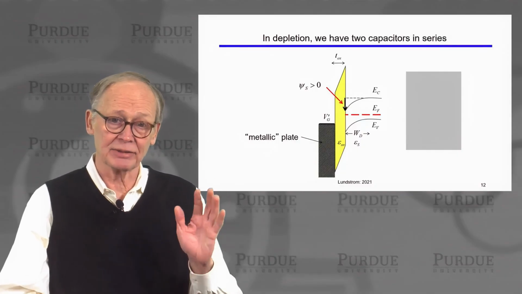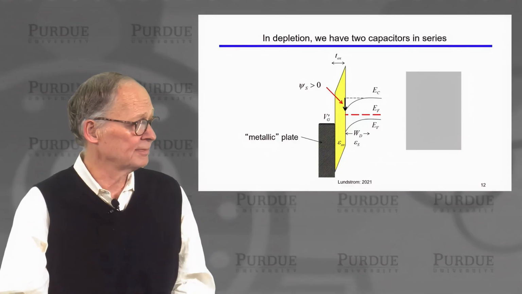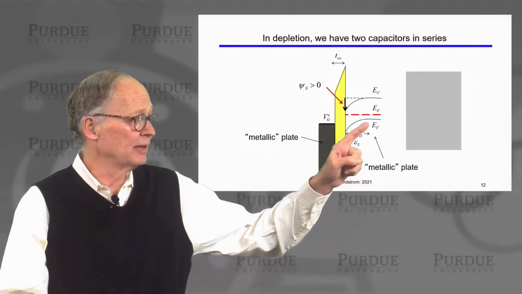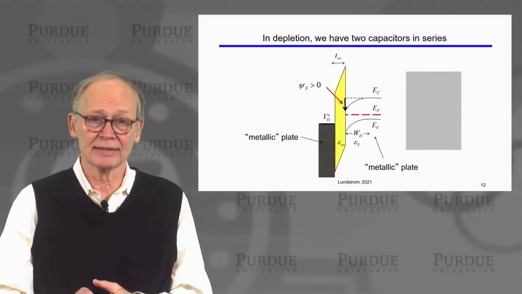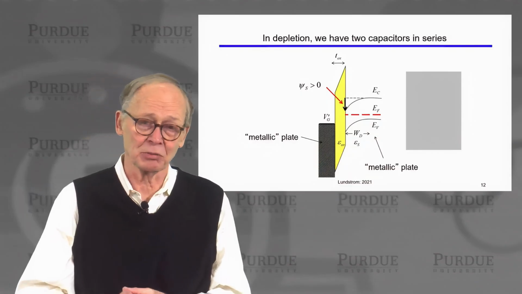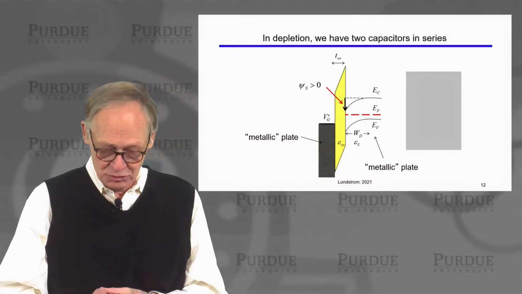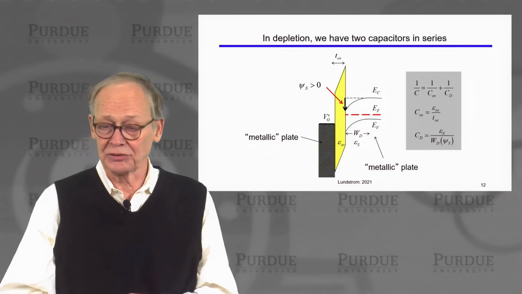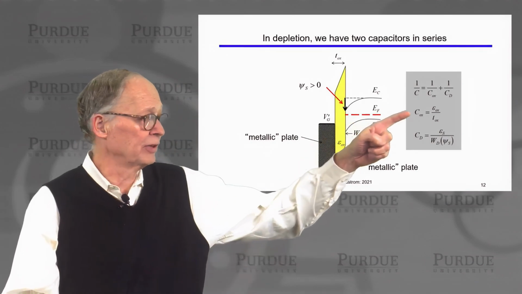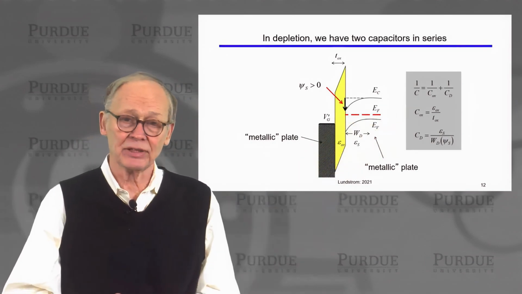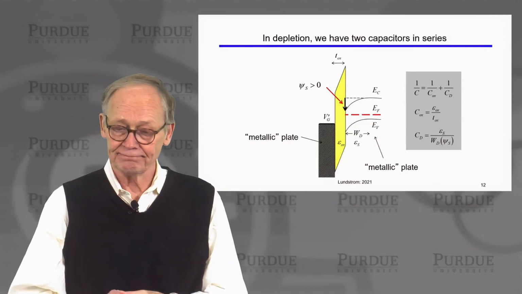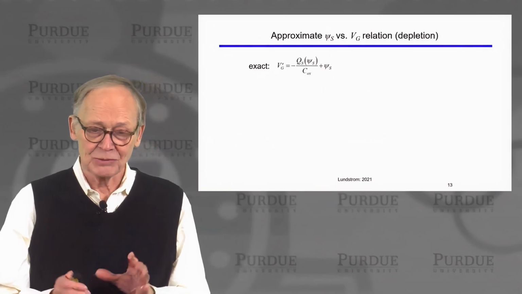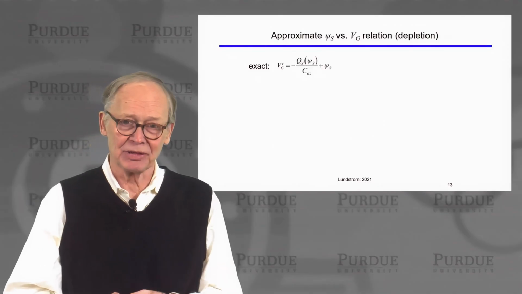That's like a dielectric with a dielectric constant of silicon. And then deeper in the undepleted p-type semiconductor, that's a conductive layer that is almost metallic. So we have a metal plate on the bottom. So what we have here are two capacitors in series. The first one is due to the oxide, and the second one is due to the depletion layer in the semiconductor. All right. Now let's get back to the problem we're trying to solve.